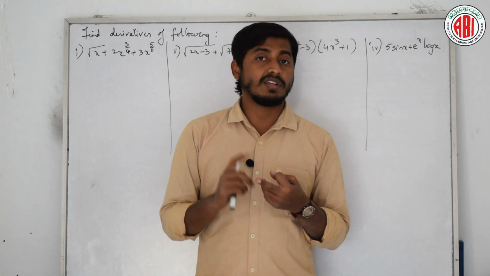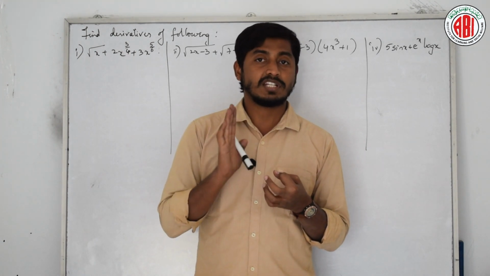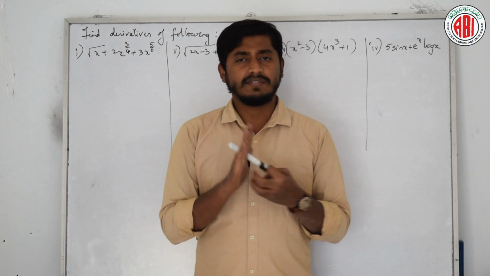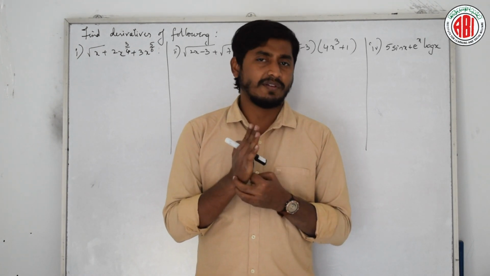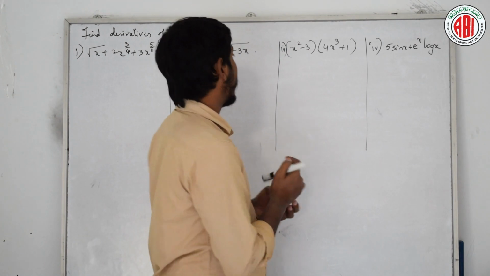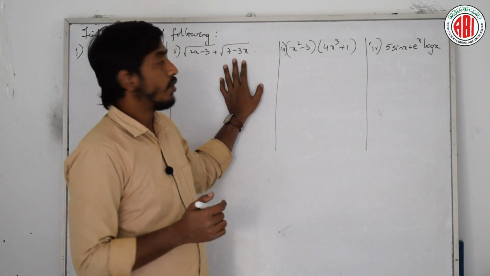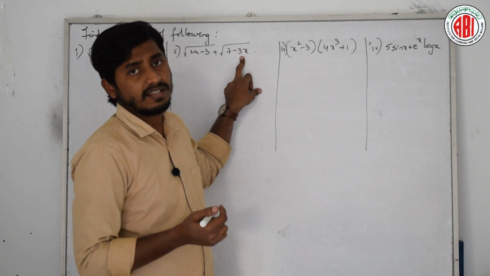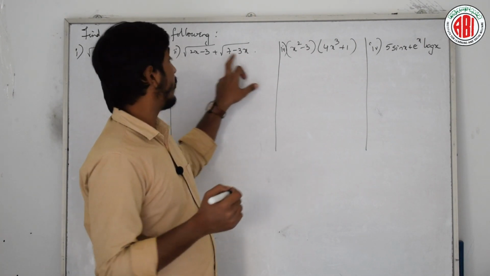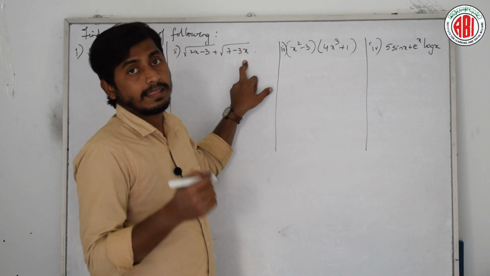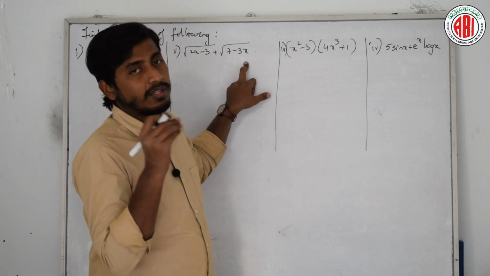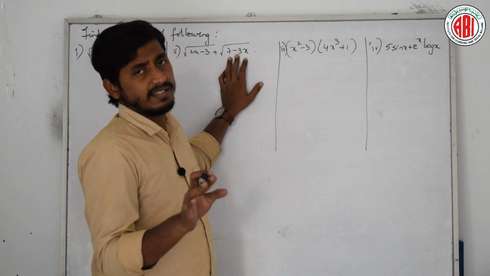And the third most important thing to remember in differentiation is, if there is some function f of x, for example, let us say this is a function, in which form is it? Do I know the formula of 7 minus 3x? No, right? I know only the formula of root x. Then just apply the root x formula here also, whatever is inside.